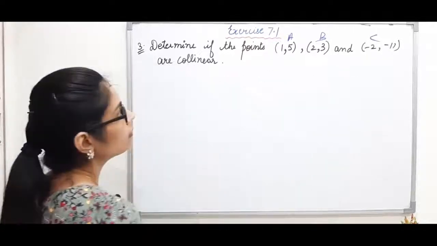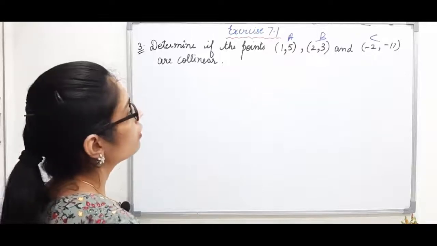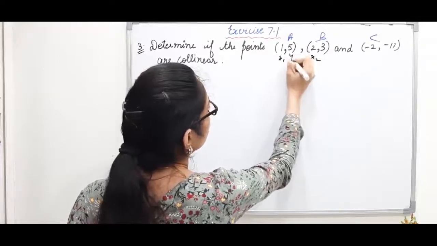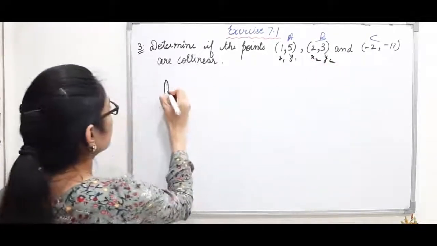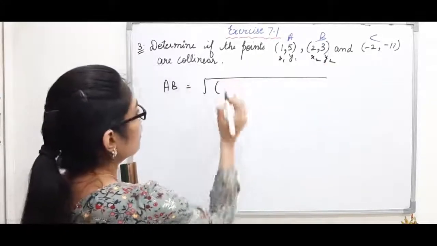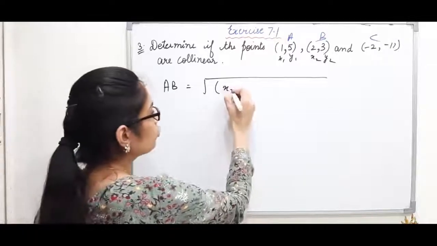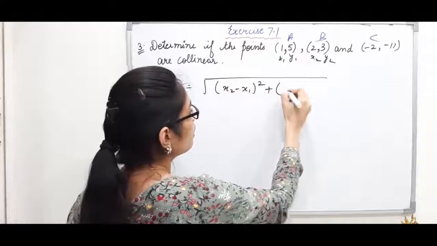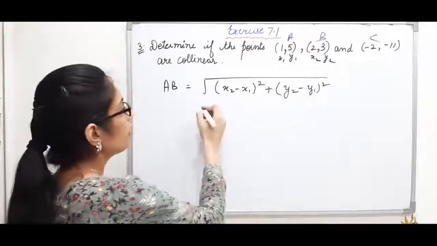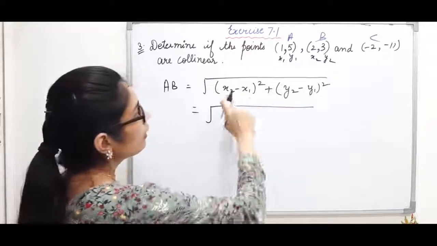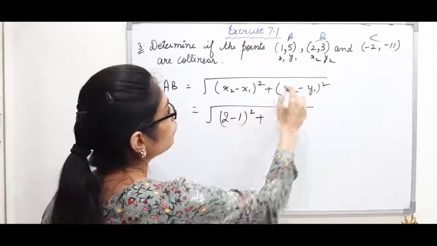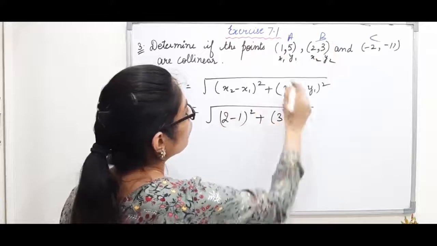So first of all, we'll find the distance AB. You can write this is x1, this is x2, this is y1, this is y2. Same distance formula we will apply: x2 minus x1 whole square plus y2 minus y1 whole square, and this complete thing is in square root. So we'll put the values here. 2 is x2, 1 is x1, plus y2 is 3, y1 is 5.